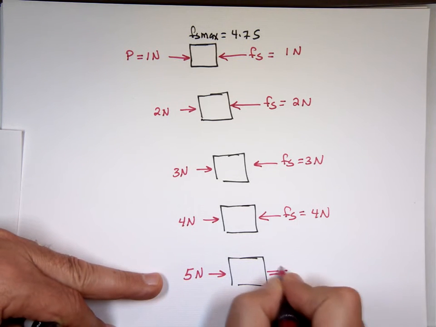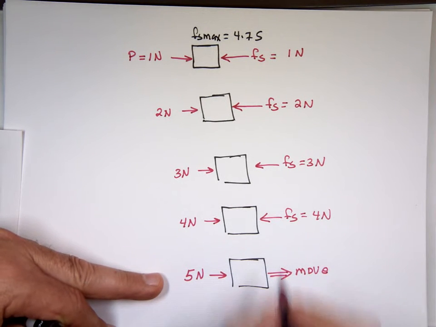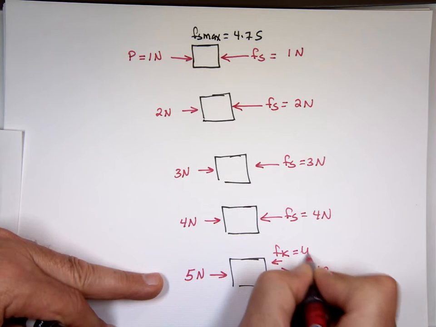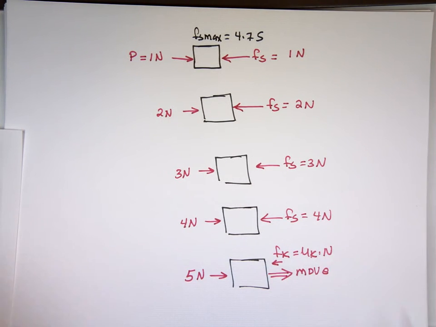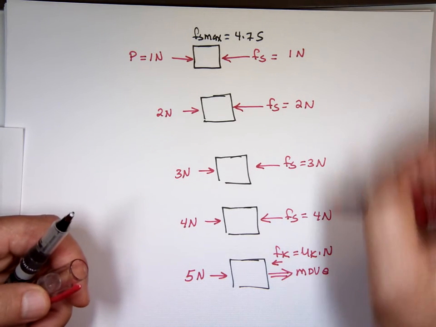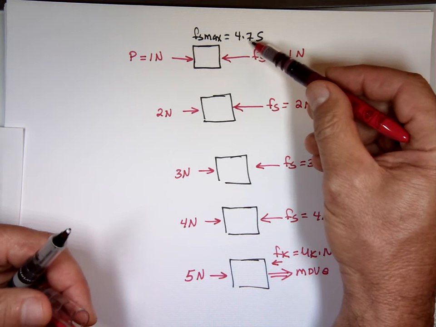And we do not have a static friction now. We have kinetic friction, equal to that value and pointing backward. So here will not move, not move, not move, not move, finally will move. You need a minimum of 4.75 to make that iPhone move.